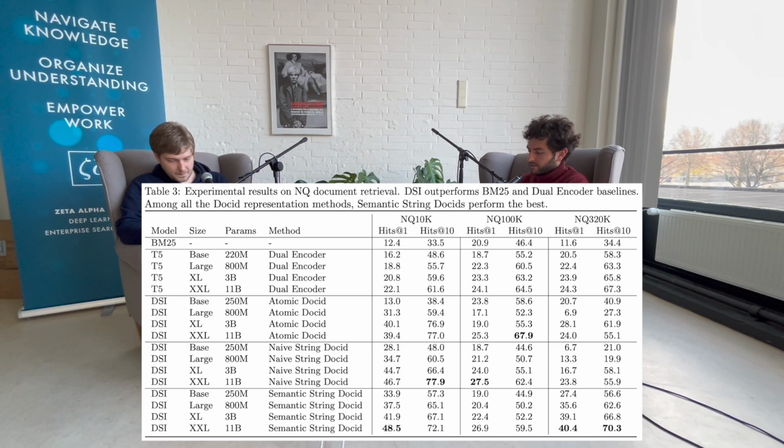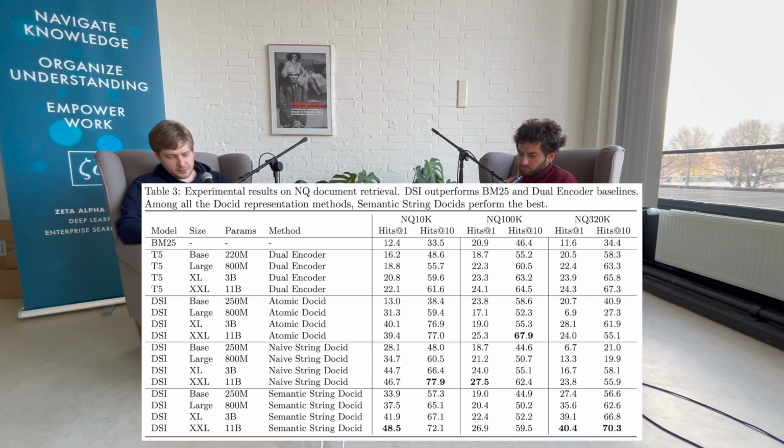And we do see that the larger models always outperform the smaller ones. Yeah, there seems to be no real advantage to using a smaller model here. I think we won't mention numbers for all of them, but just for reference, there are 4 model sizes: 250 million, 800 million, 3 billion, and 11 billion. And using the larger model always seems better.